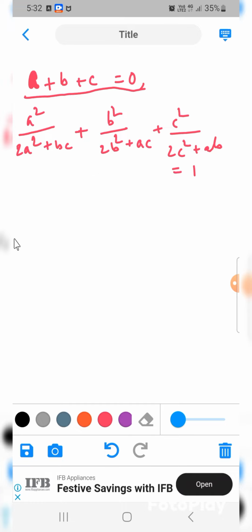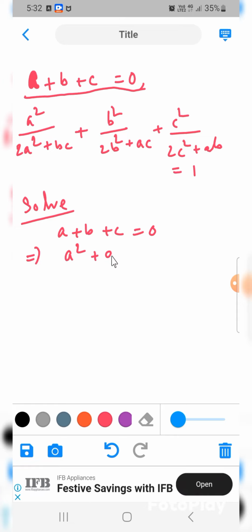So here we can take this condition A plus B plus C is equal to 0. Now we multiply both sides with A, then it will be A square plus AB plus AC is equal to 0, and we rearrange this.